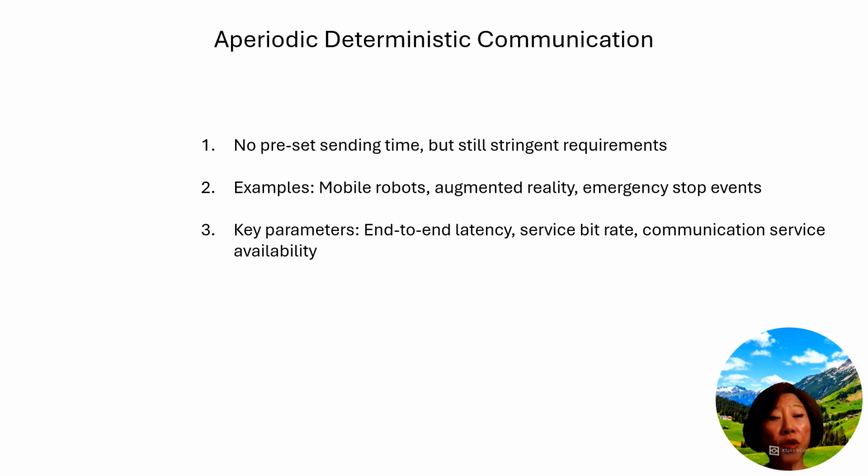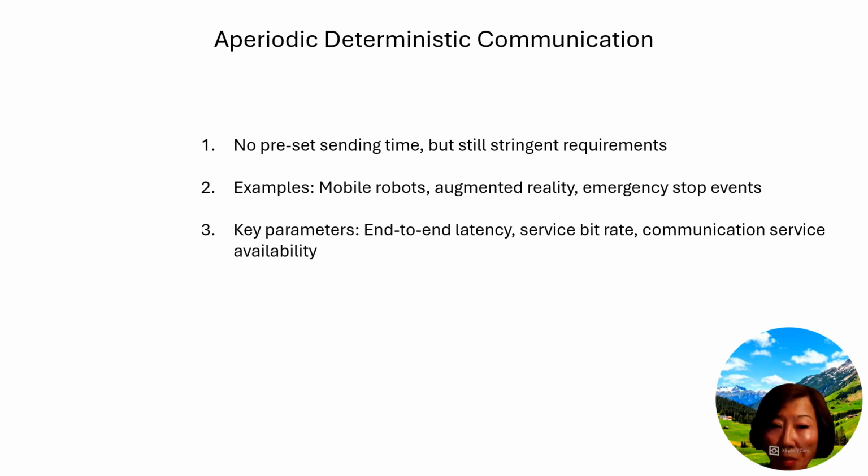The system must also be able to prioritize these aperiodic messages over regular traffic, which might involve preemption mechanisms in the 5G radio interface. The communication service availability requirements remain very high, as these messages are often safety critical.